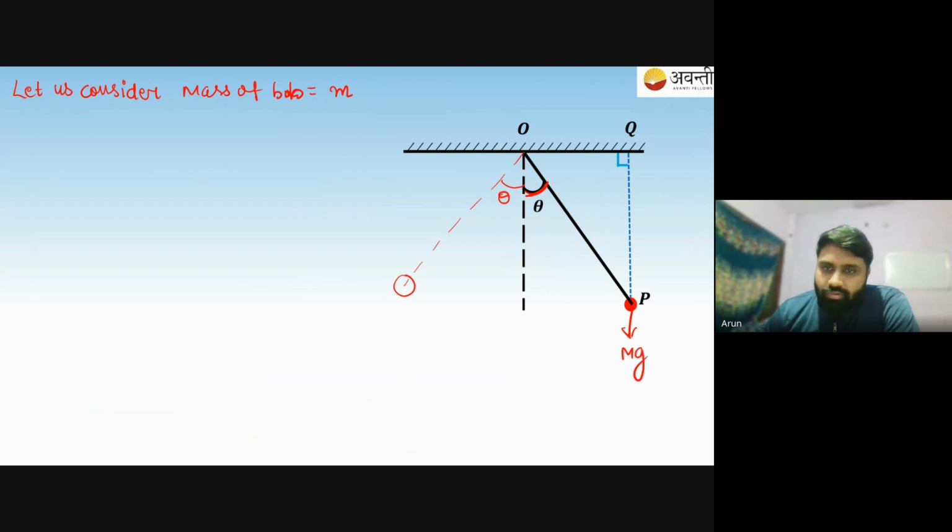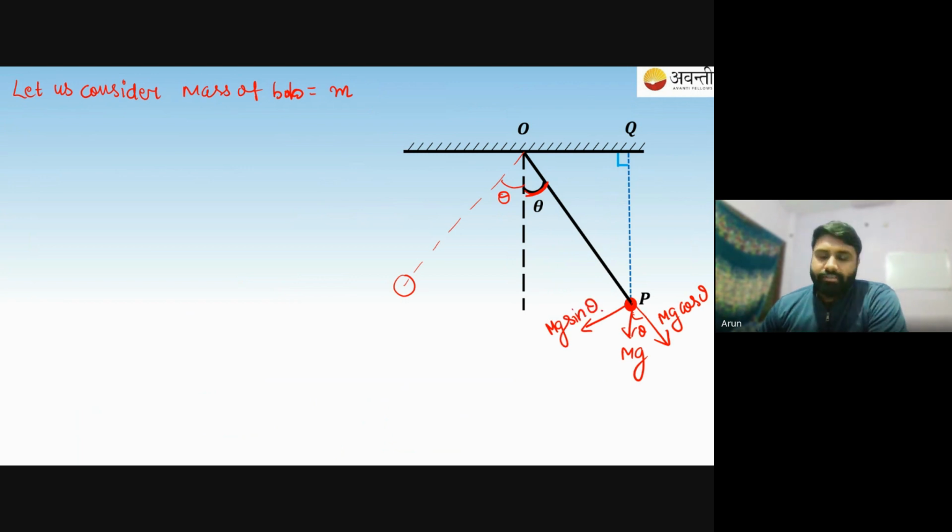Now if you resolve this force, because this is executing SHM, a to and fro kind of motion, some of the force is unbalanced, which is causing this SHM. So if you resolve this, this angle would be theta. So it will become mg cos theta, and here it will come mg sin theta.